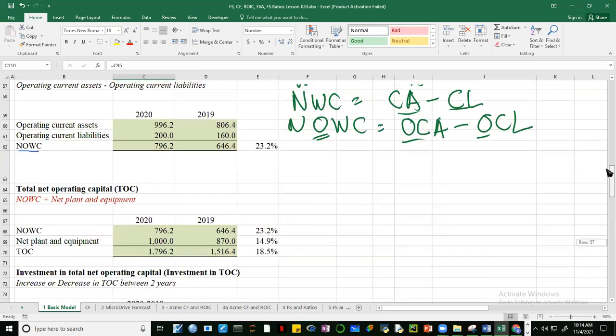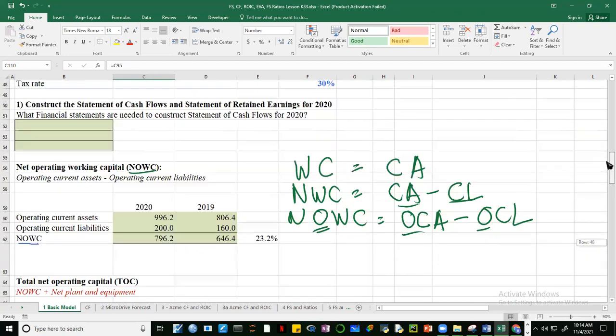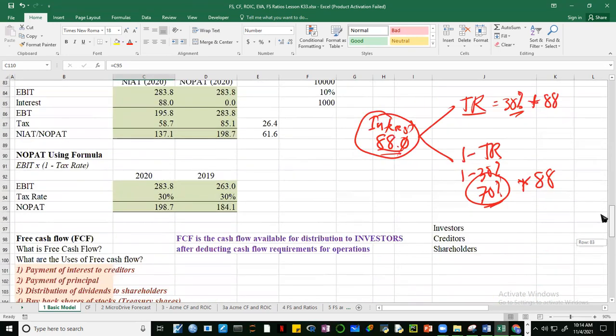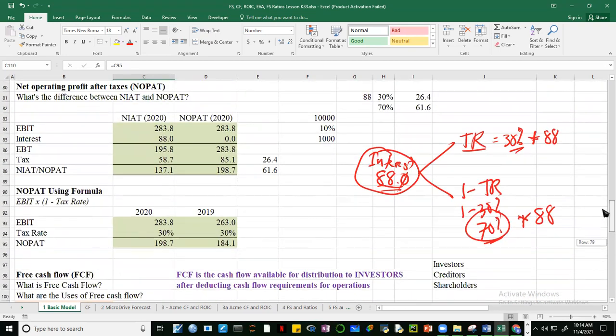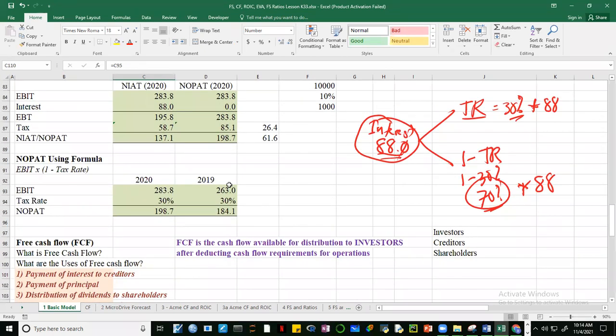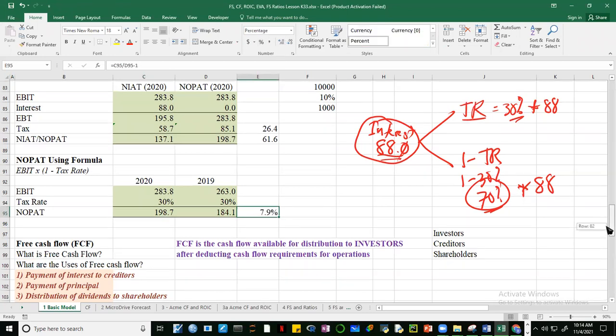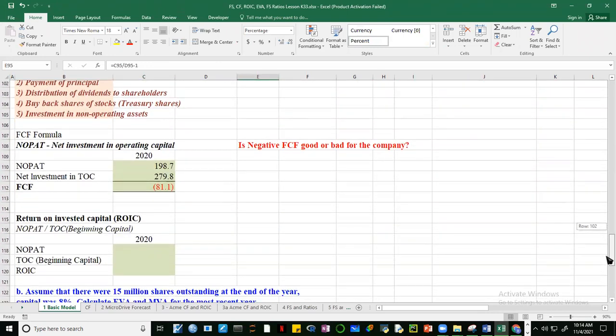And in fact, nag-increase nga no yung operating profit nila from 184 to 198.7. So let's take a look at the increase. So their operating profit increased by almost 8%. No? They're around 7.9%. That was the increase in operating profit.